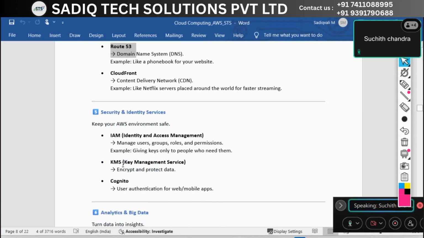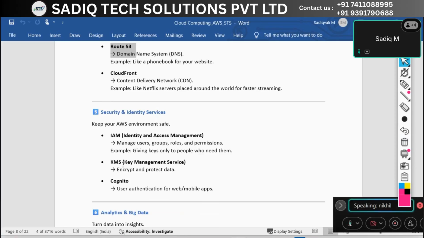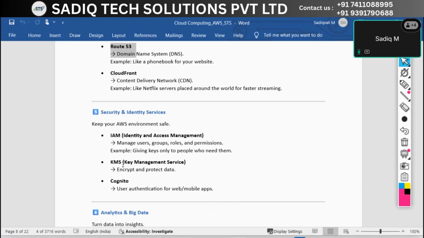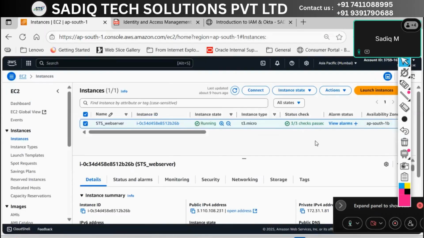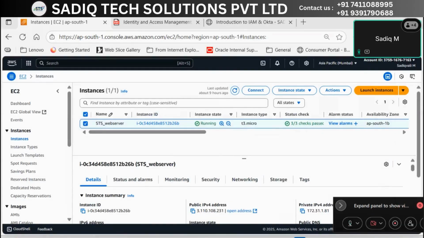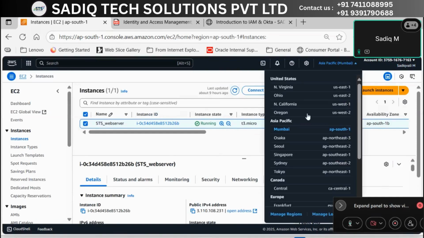So all this data they are maintaining on servers only, in their secured data centers. They have different centers across the regions. They have one even in Mumbai. See here, in the one which I showed, what is the data center? Let me see here, Asia Pacific, Mumbai. I am using the nearest data center, the Mumbai data center. This is in India. What are the others?